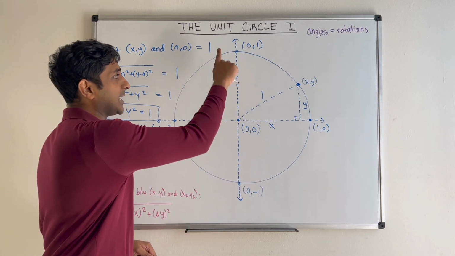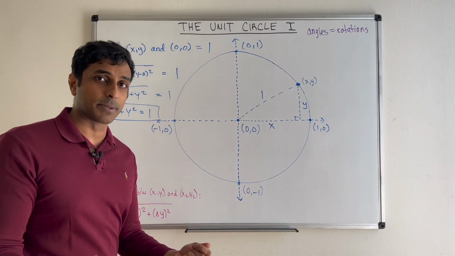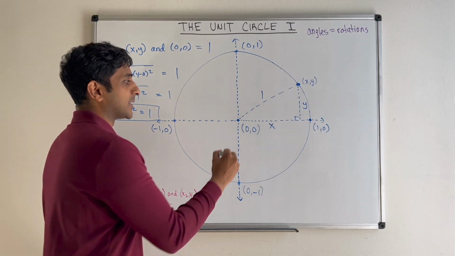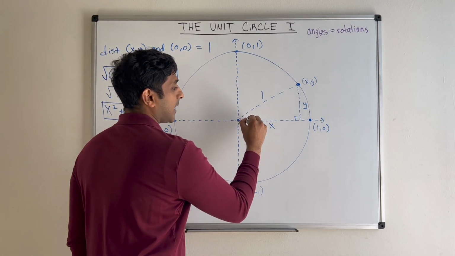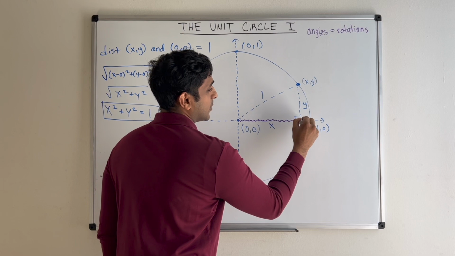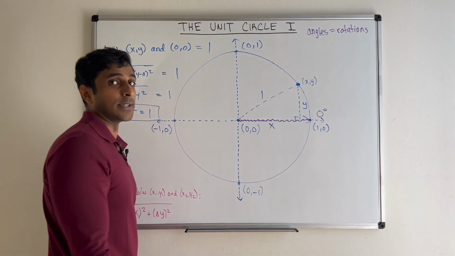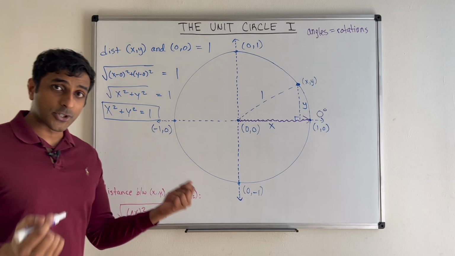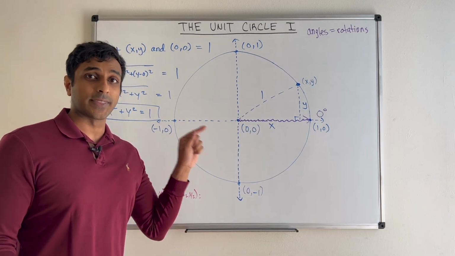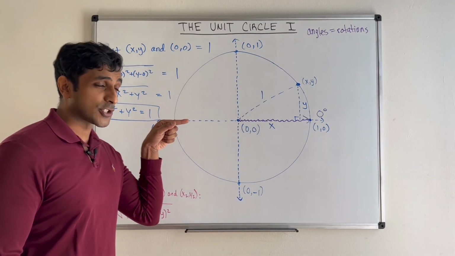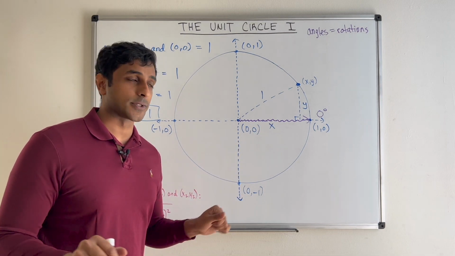And we can choose any position to be a starting position to rotate from, but the convention is to choose the positive x direction. So this right here, that is the 0 degree direction. It's arbitrary, but that is our choice, okay? That is 0 degrees. That's our starting position for all of our rotations.